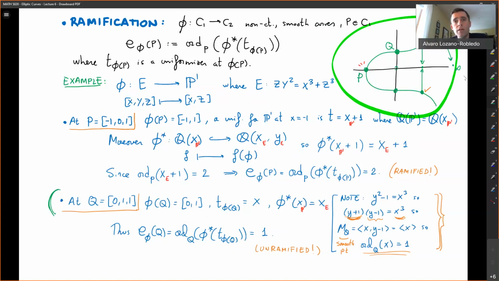There are 2 more. Where do you think there are more ramification points? It doesn't look like there are any more, so why would I think there are more?